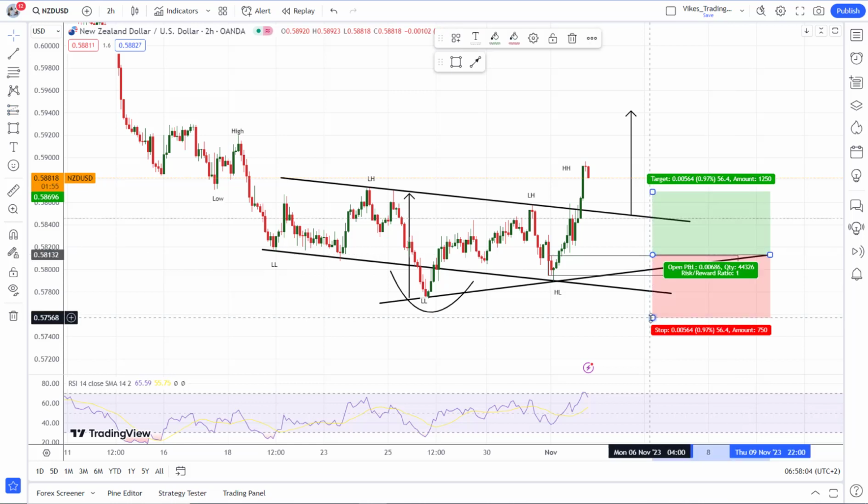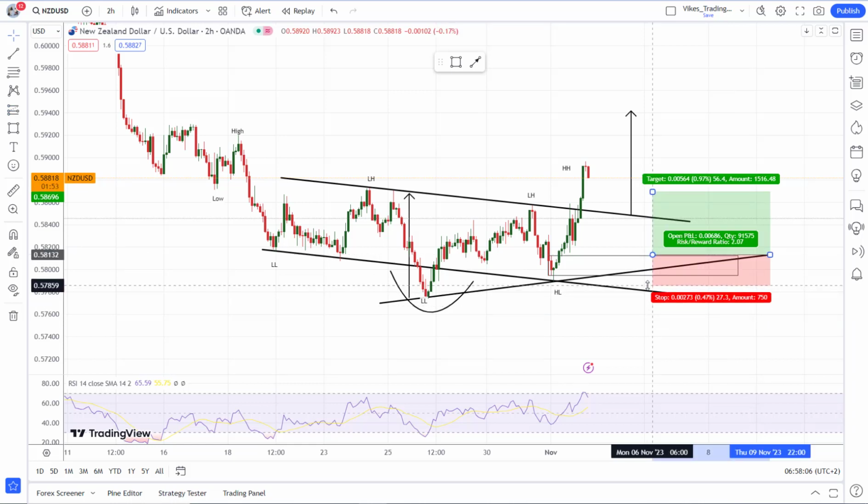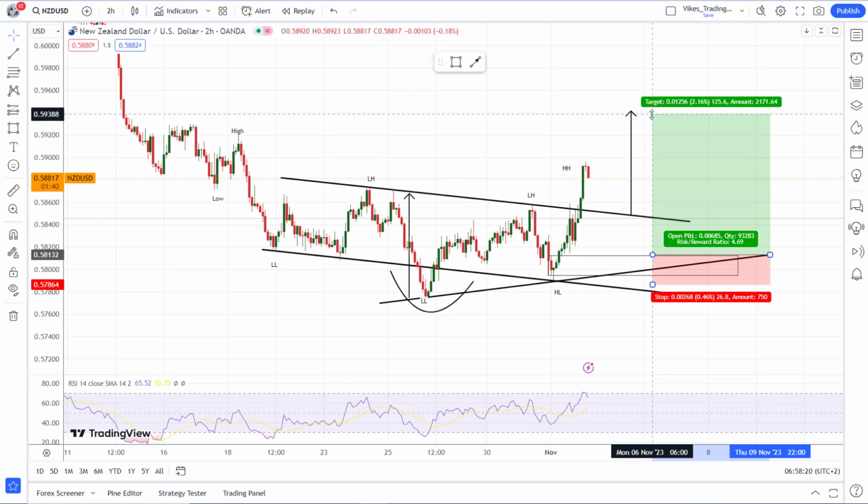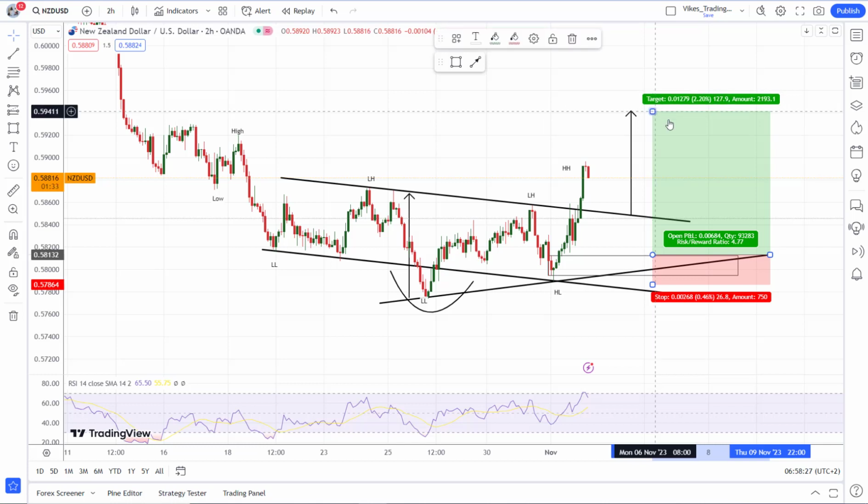My stop loss will obviously be at the same place, below the recent swing low, and our first target will be there, which is 1:3. For every $100 you stake, you will be expecting a reward of $300. The final target profit will be 4.7, so for every $100 you'll be expecting $470 in return. So that is one pair that I'll be looking at.